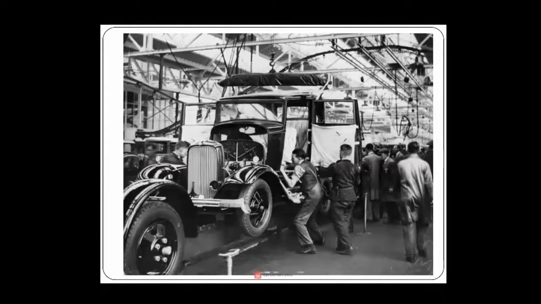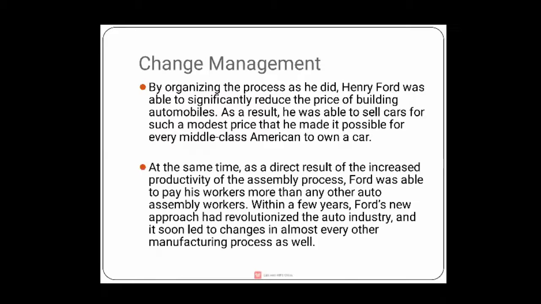Basically, Henry Ford had a huge influence on the automobile industry by organizing different processes into one single production line. Right here, they say Henry Ford was able to significantly reduce the price of building automobiles. As a result, he was able to sell cars for such a modest price that he made it possible for every American to own a car.